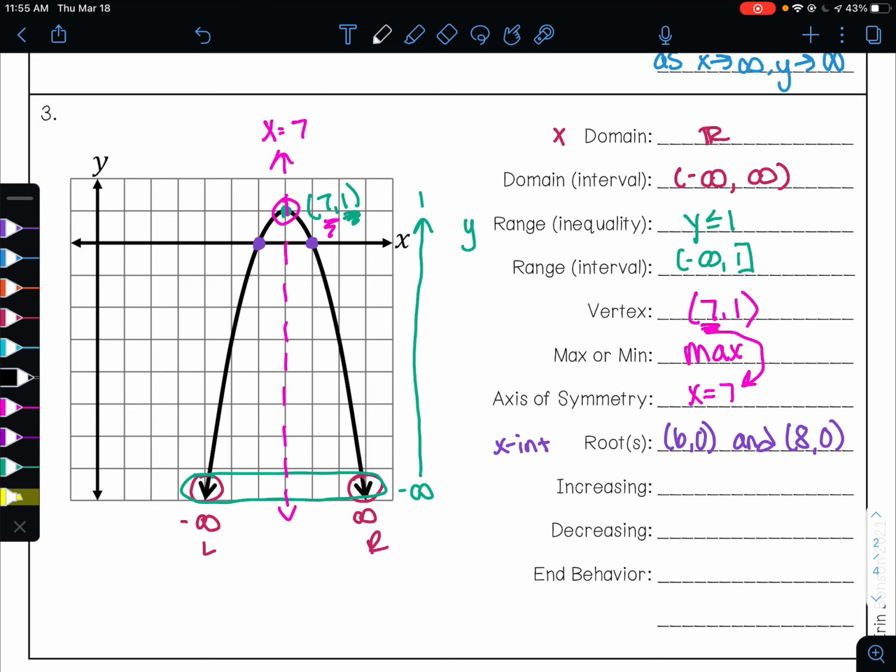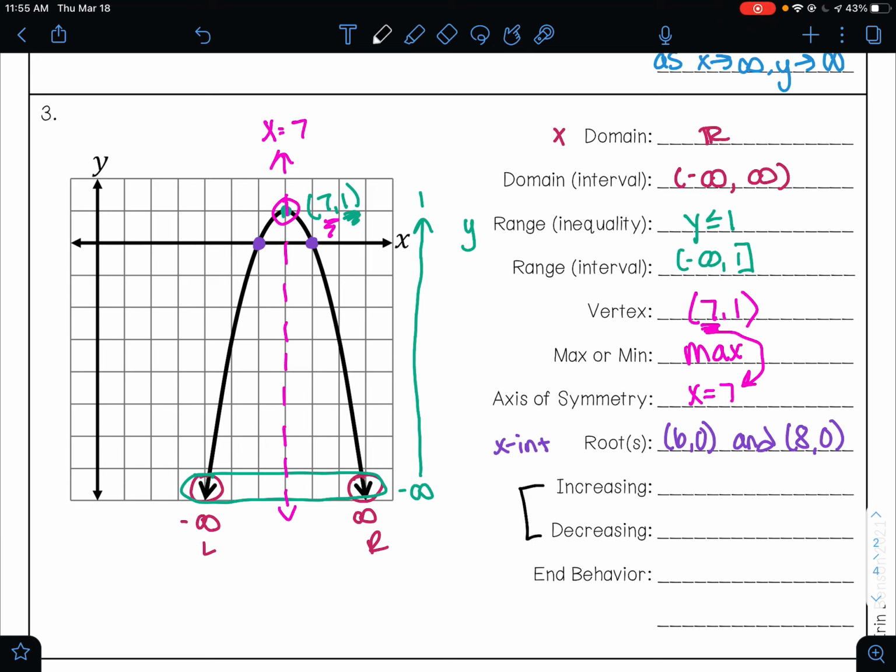For increasing and decreasing, we trace our graph from left to right, and we figure out for what x values is our graph increasing, and for what x values is our graph decreasing. So if I trace my graph from left to right, I'm going up until I get to my vertex. And so this side over here is increasing.